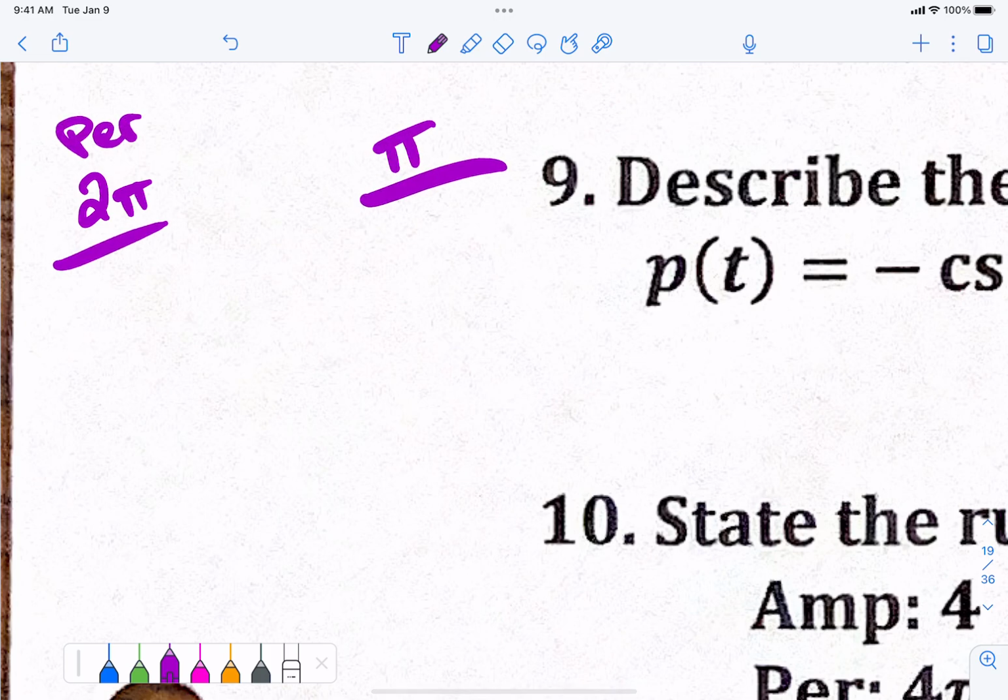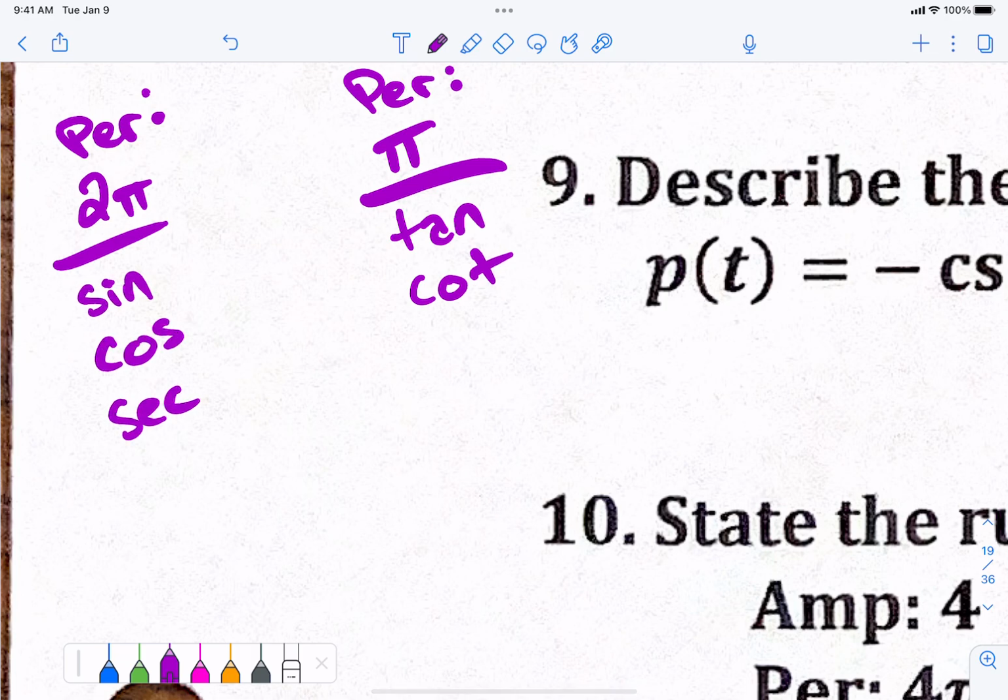The only ones that have a period of pi are tangent and cotangent. Otherwise sine and cosine and secant and cosecant. Cosecant and secant go together, and those are all 2 pi.